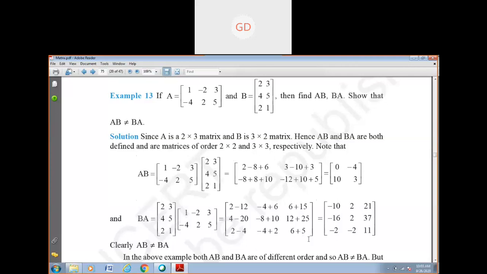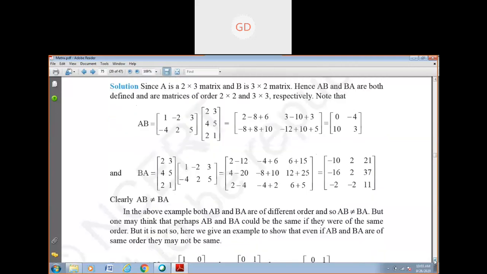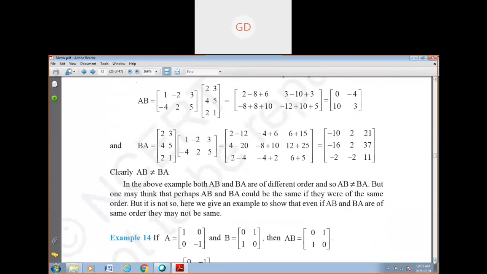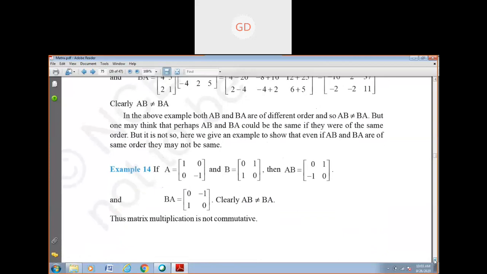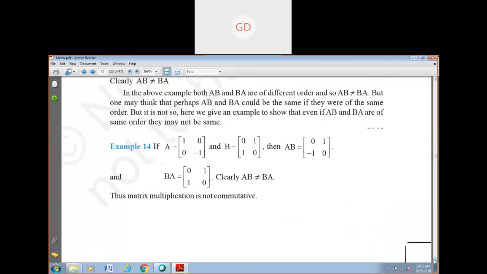So this is the way of multiplication. This is fixed actually. If you compute yourself, it will be clear within a few minutes. The rule you have to maintain: before multiplying, check whether the number of columns of the first and the number of rows of the second are equal or not. They must be strictly equal.